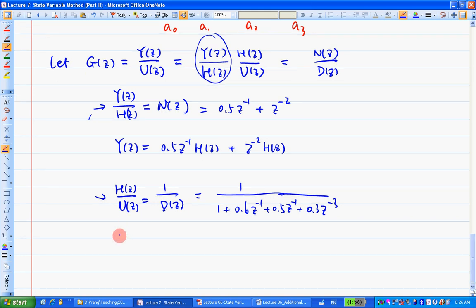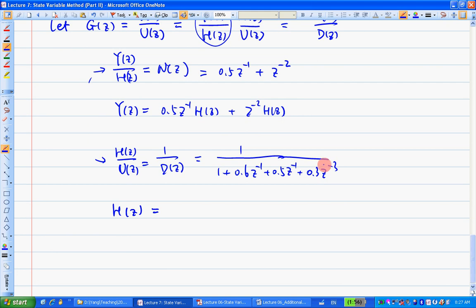Over here we do similar stuff. This time, H of z: I'm going to simplify this a little bit. The bottom here multiplied by H of z equals U of z. I'll single out H of z by itself and move the rest of the bunch multiplied by H of z to the same side as U of z.